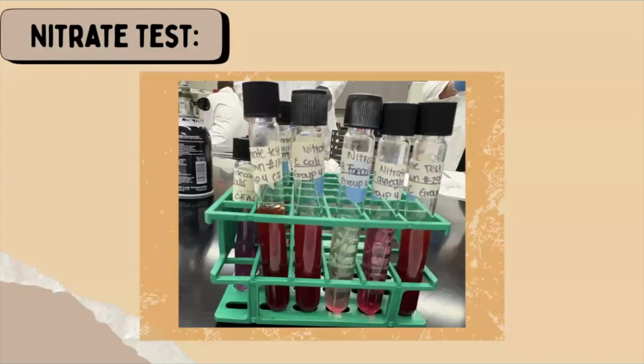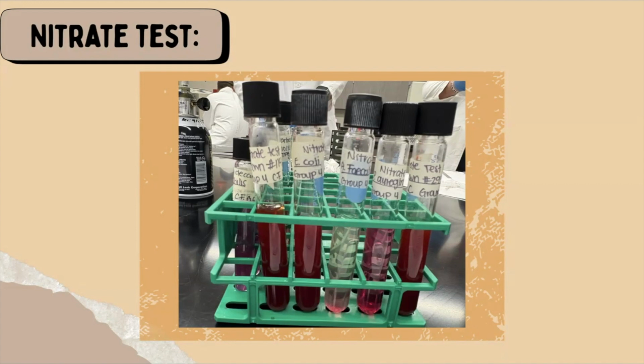For the nitrate test, for unknown 114, we saw a red color change, which we interpreted as positive, meaning nitrate to nitrite. For E. coli, we saw a red color change, which was a positive result, which we interpret as an okay control. For A. facilis, we saw a clear but slight pink at the bottom.